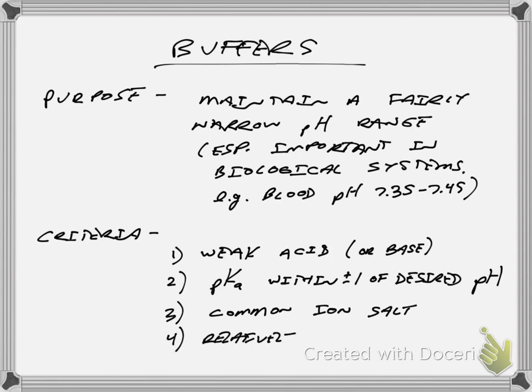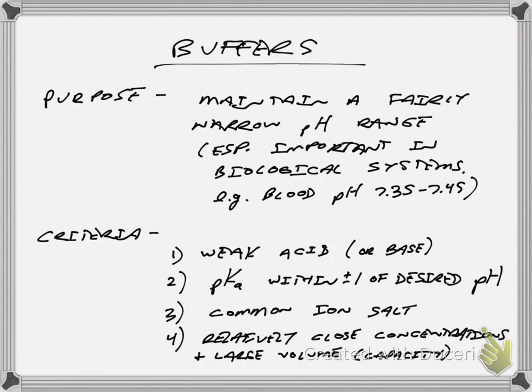But the final criteria is that they have to be relatively close concentrations, and I'm talking about the salt concentration and the weak acid concentration. And you'll see mathematically in a little while why that matters. But when those two start to vary from each other, that's when we get a wide range of pHs within the system.